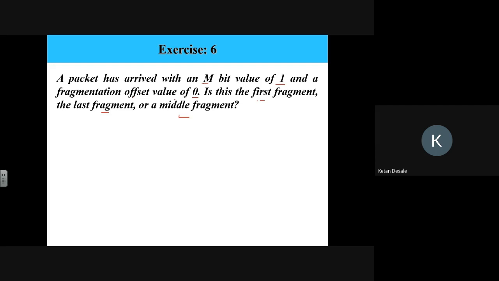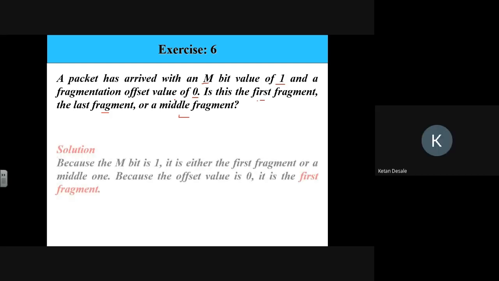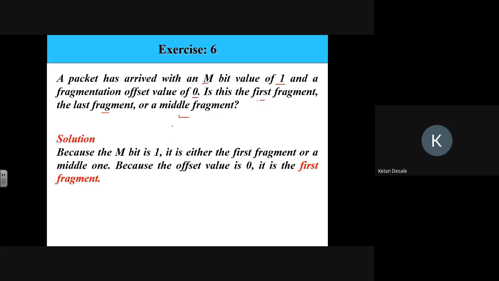If I am multiplying by 8, it gives me the starting value of your packet. First one? Yes, very correct. This is your first fragment because your offset value is 0. More fragmentations would be allowed in future because M is 1.